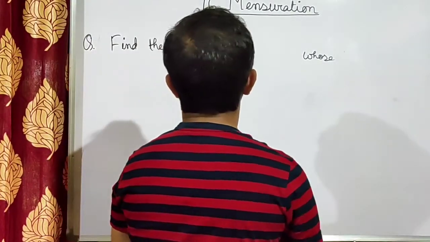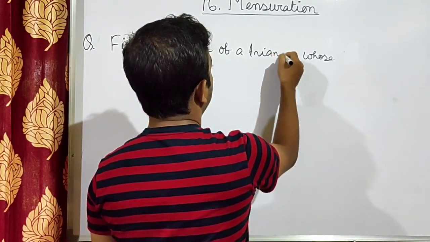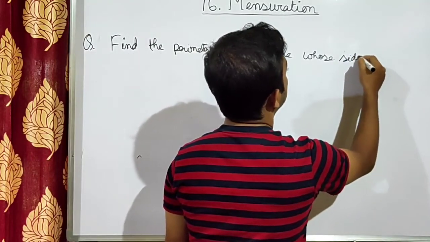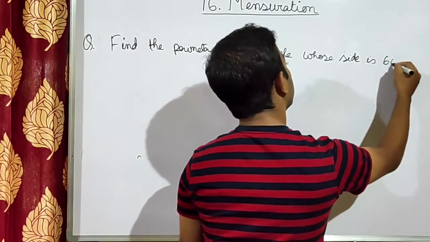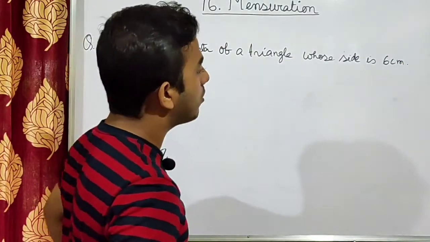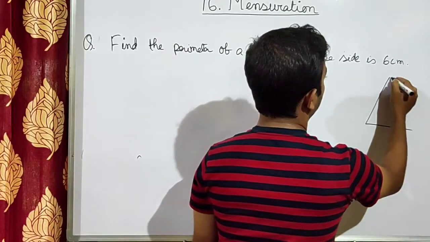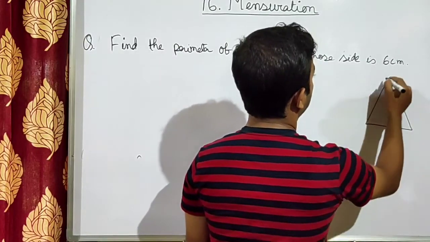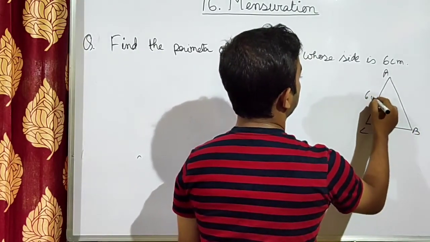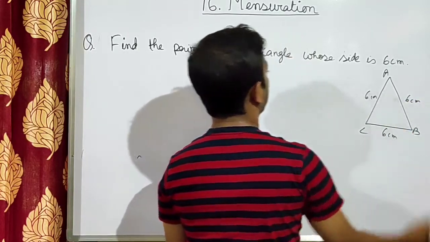So let's write, find the perimeter of a triangle whose side is 6 centimeter. Clear? Okay. So first thing, we have to draw one triangle. Suppose this is our required triangle ABC, 6 centimeter, 6 centimeter, 6 centimeter.